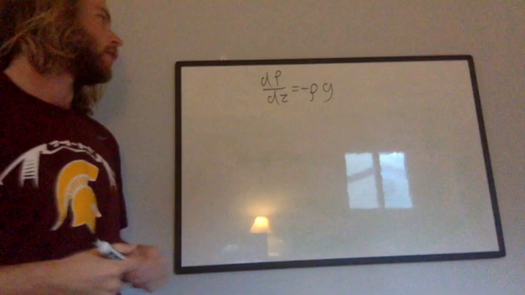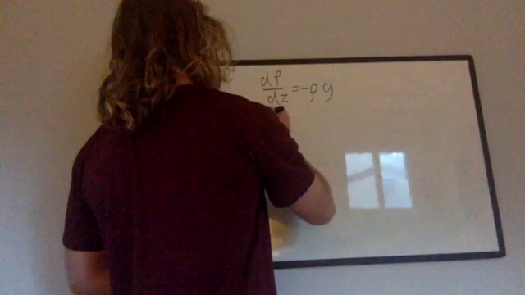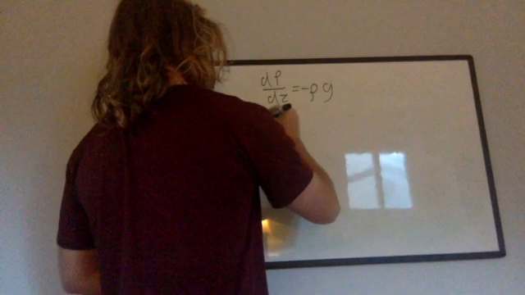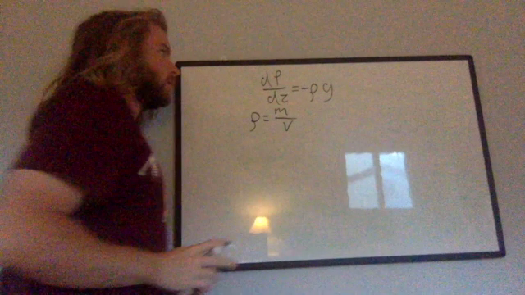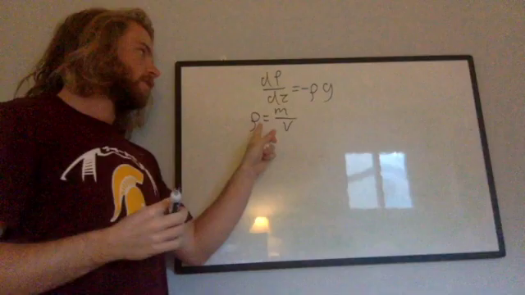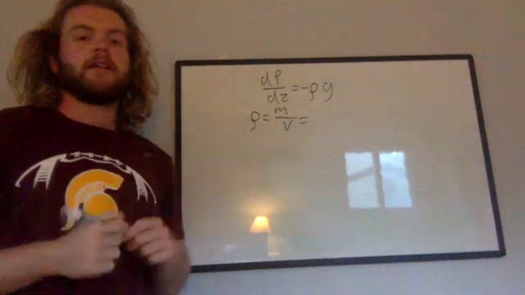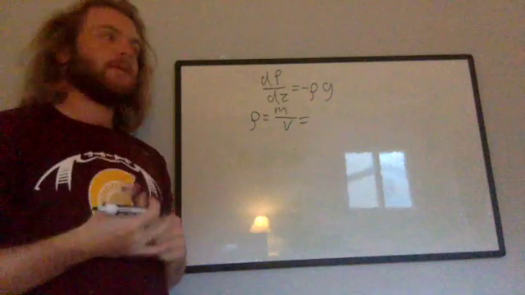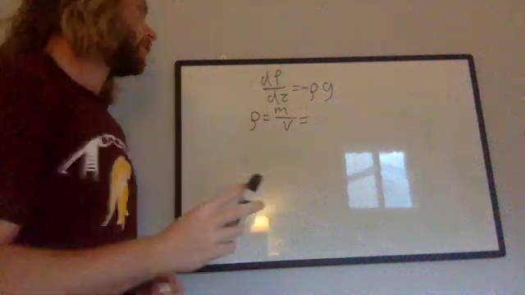And over here, our density, we know, is going to be mass over volume. That is the common definition of density. So we're going to go ahead and write that out. Since we know that the gas bubble we're looking at is going to be an ideal gas, we can do some substitutions for our V down here.